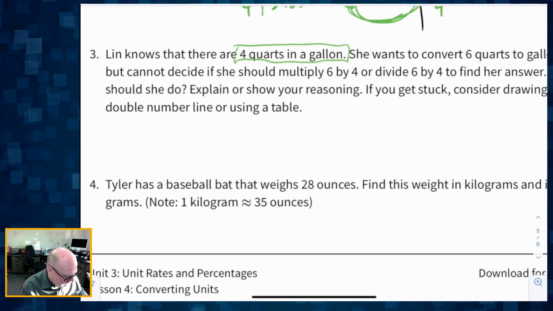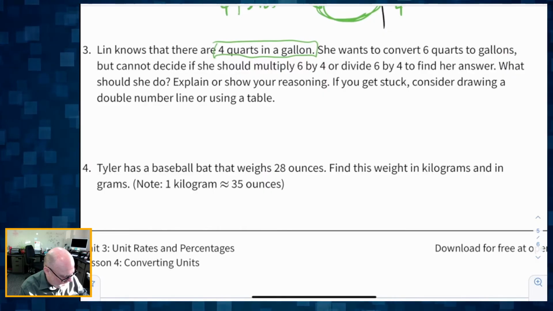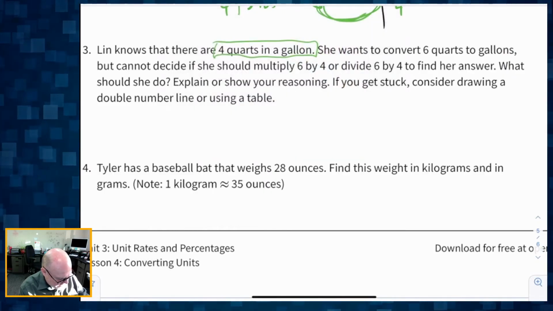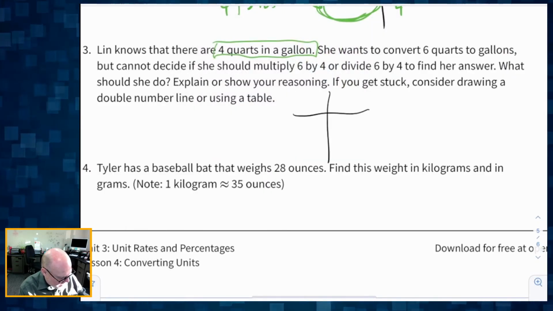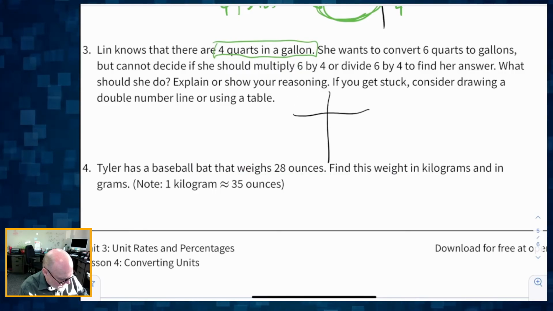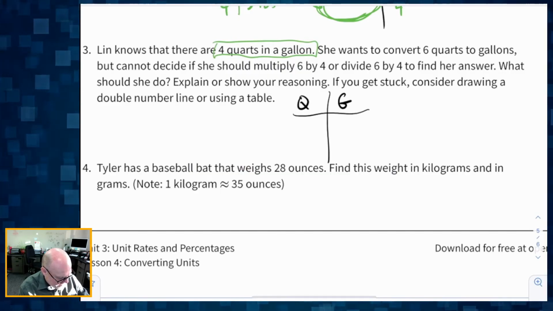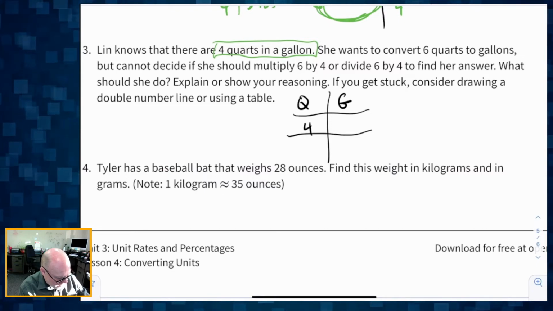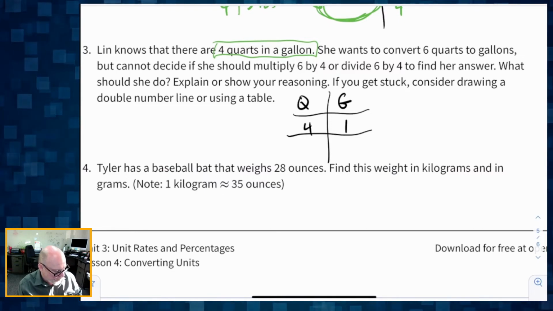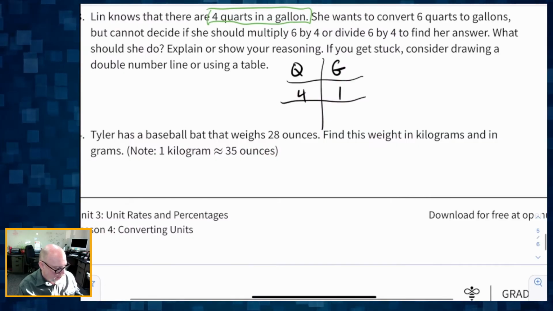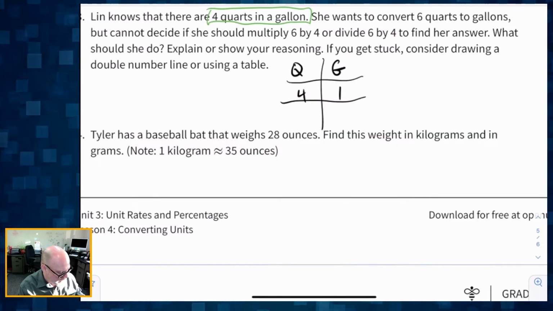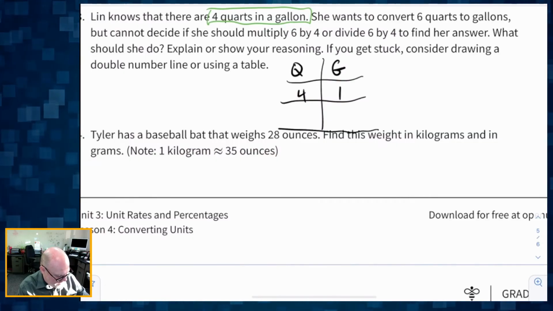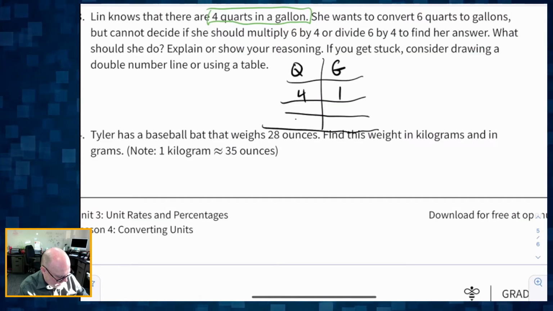All right, so we could use a table on this. I have quarts, and I have gallons, and I know that I have 4 quarts in 1 gallon. And I want to figure out how to convert 6 quarts into gallons.